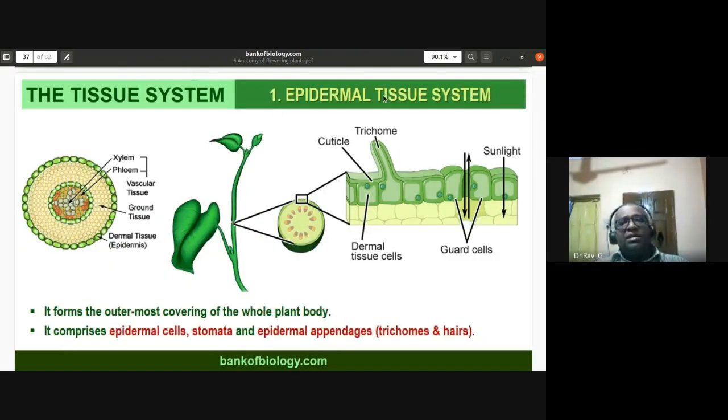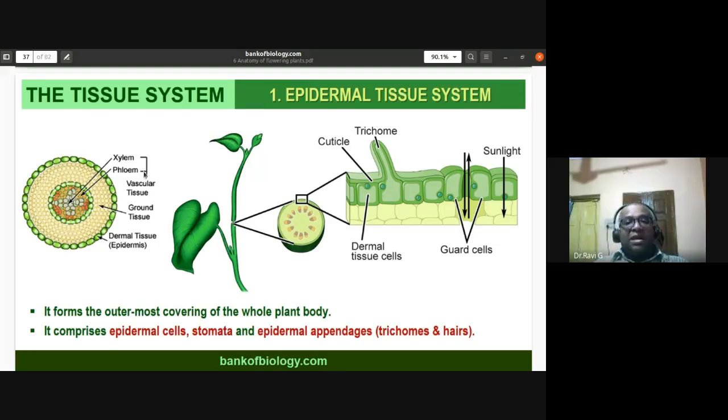So the epidermal tissue system forms the outermost covering of the entire plant body. It comprises epidermal cells, stomata, and epidermal appendages like trichomes in the case of stem and root hairs in the case of roots.